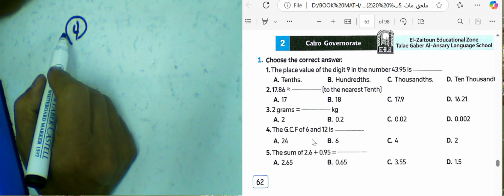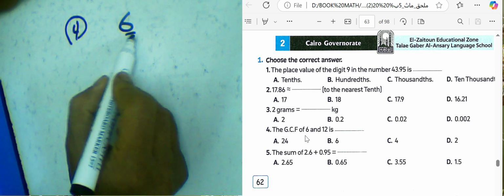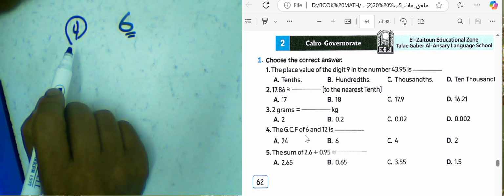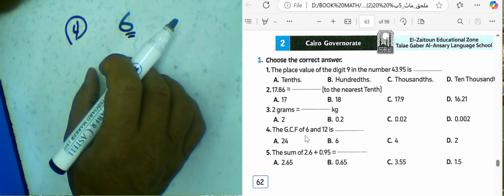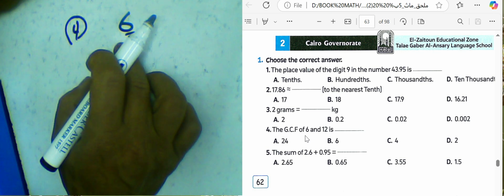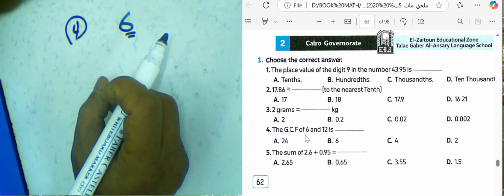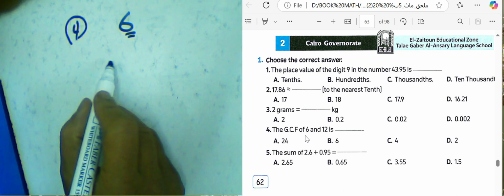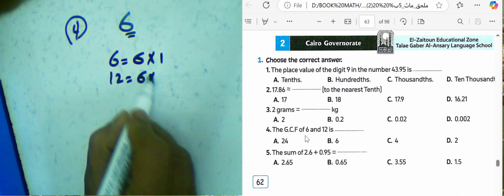Next, question number 4. The greatest common factor of 6 and 12. We know 12 we can divide by 6, then 6 will be the greatest common factor between them, because 12 can be divided by 6. We know 6 equals 6 by 1 and 12 equals 6 by 2.